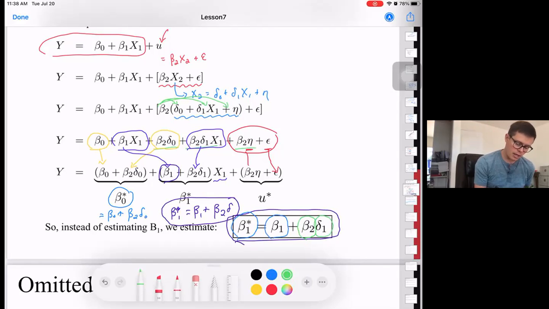So this right here is called the bias term. This is how far off the beta 1 that we can estimate is from the beta 1 that we actually wanted. And so the bigger the beta 2, the bigger the delta 1, the larger the bias.